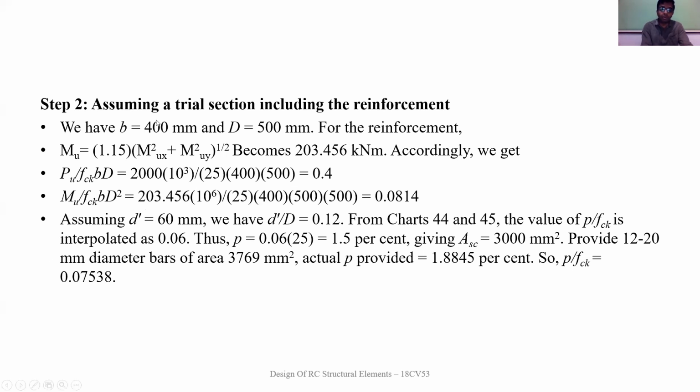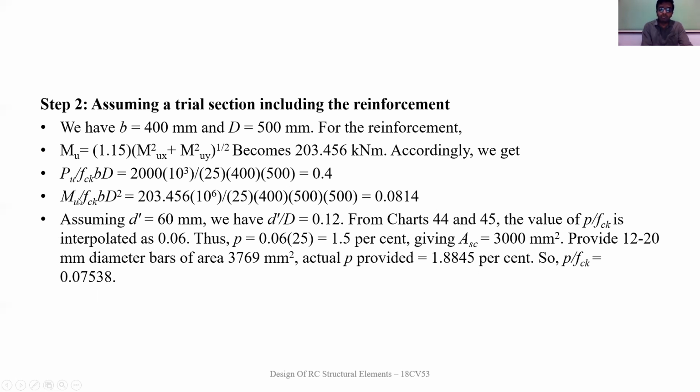So here, we already have the width of the column as 400 mm and depth of the column as 500 mm. Hence, Mu is taken by this formula, which becomes 203.436.